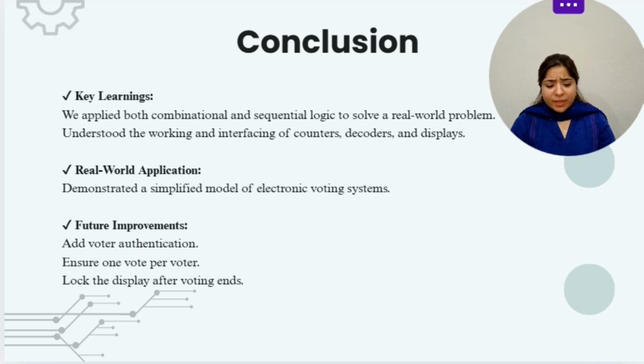Even though we faced hardware limitations, successfully simulating the comparator logic in Proteus but not being able to implement it on the breadboard taught us the value of flexibility and persistence in engineering projects. Most importantly, this experience gave us the confidence to approach more complex digital systems in the future with a clearer understanding of how hardware logic is built, tested, and refined.